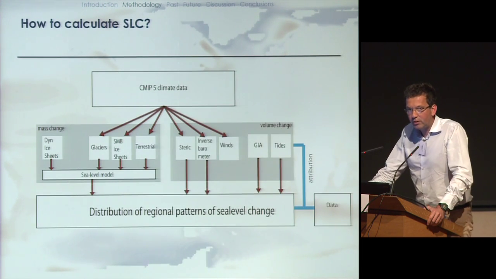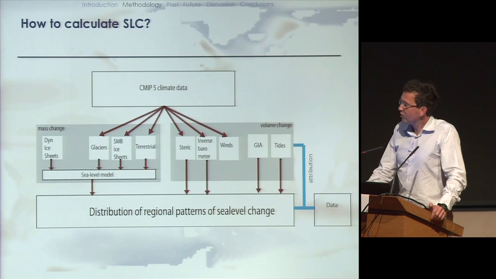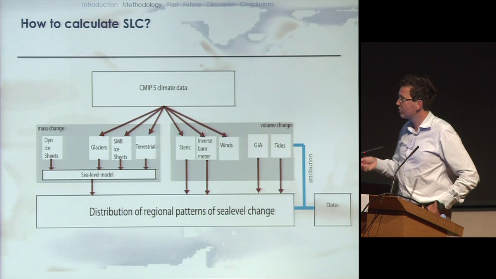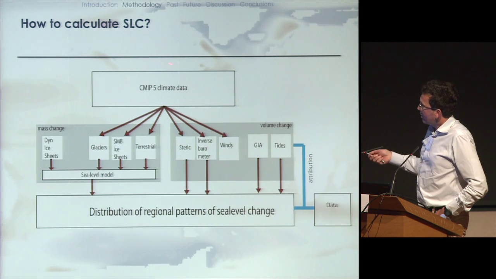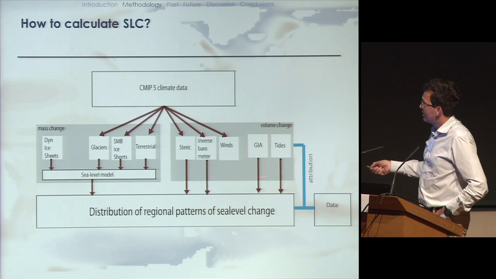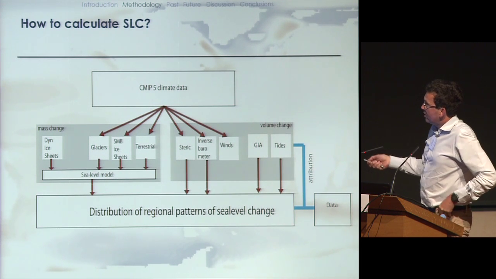So all in all, we get this important overview figure, I would say, because this wraps up basically what we've heard today. There are changes in sea level to be expected which are related to mass change, which is in this left diagram, and there are changes which are related to volume changes.